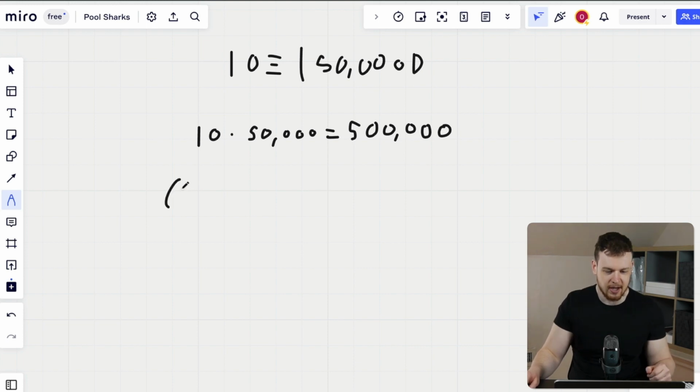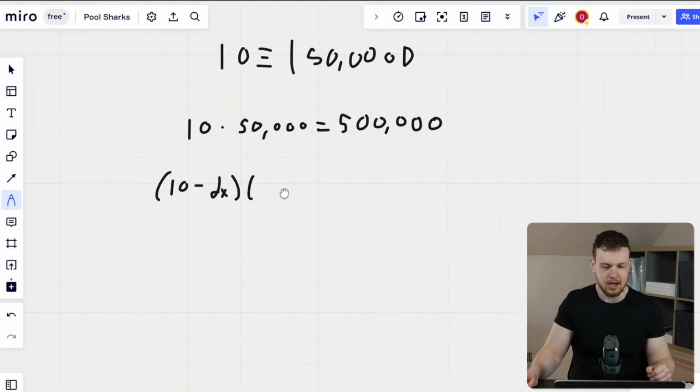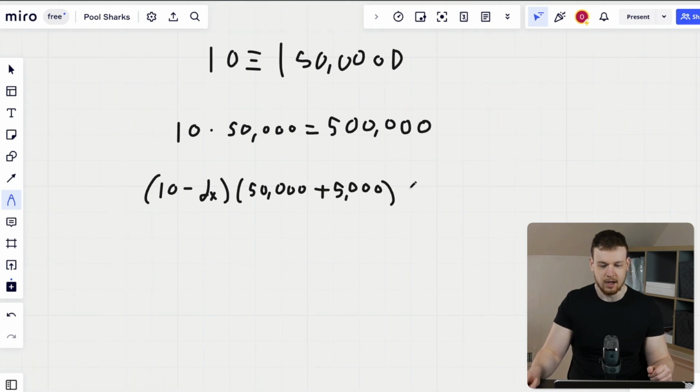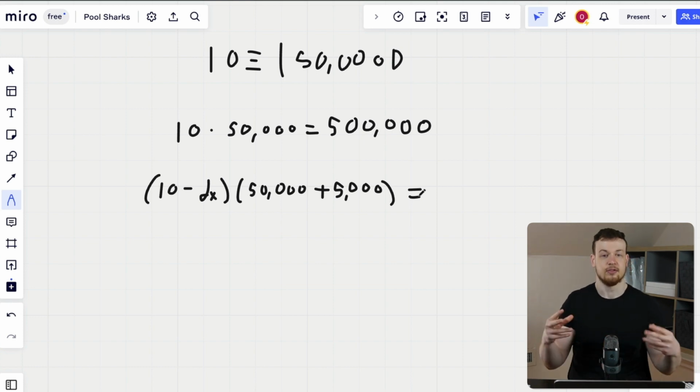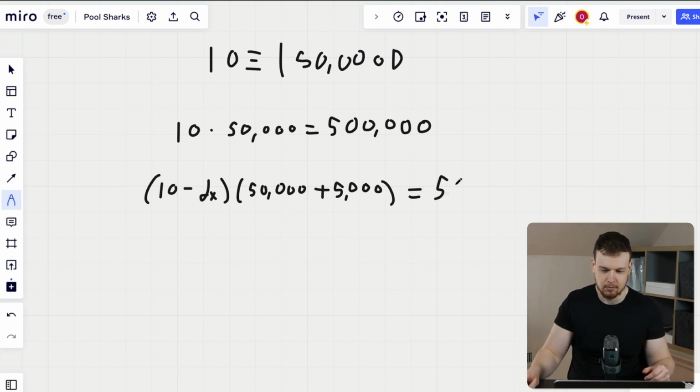So first of all, we have 10 minus some dx. This is the amount that the trader gets out. And then we'll have 50,000 plus the 5,000 DAI that the trader's putting in. And of course, this has to equal our constant 500,000 K value, which stays constant during the swap.